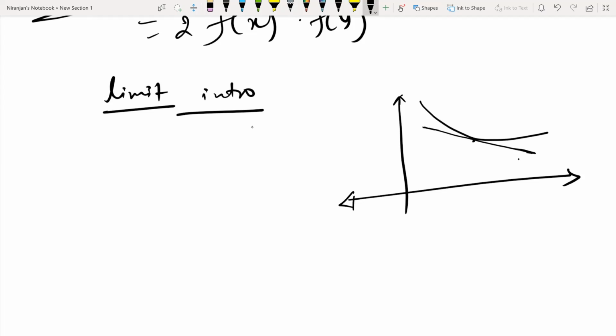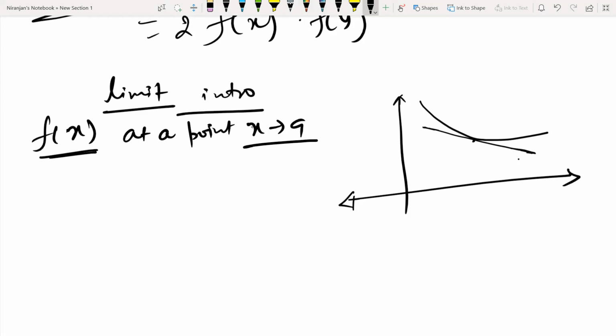It started from there and it ended on the other side. I mean, it ended on limit and continuity, and he defined all these things in the latter part of his journey. So the basic idea of limit of a function f of x at a point: x tends to a.